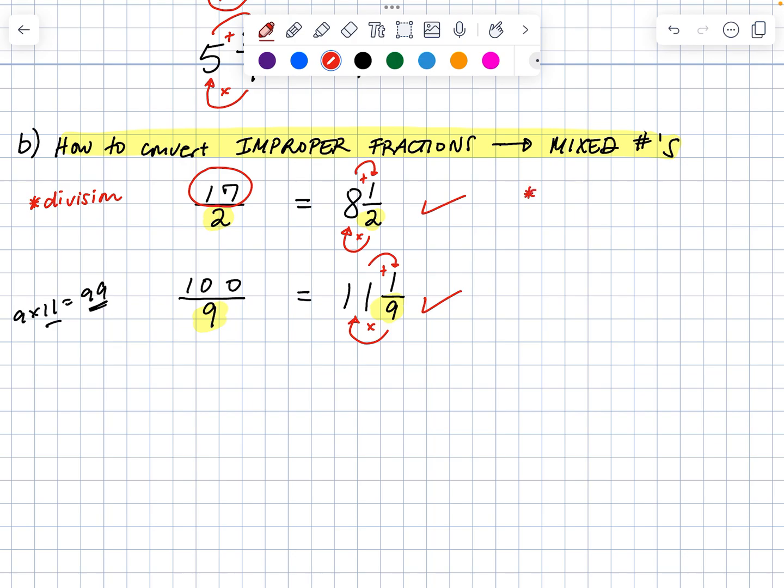So to convert improper fractions to mixed numbers, you divide the numerator by the denominator, then the remainder is the numerator of the fraction.